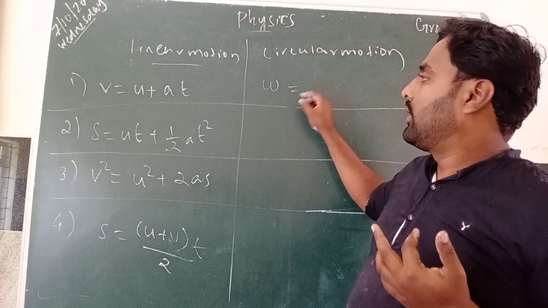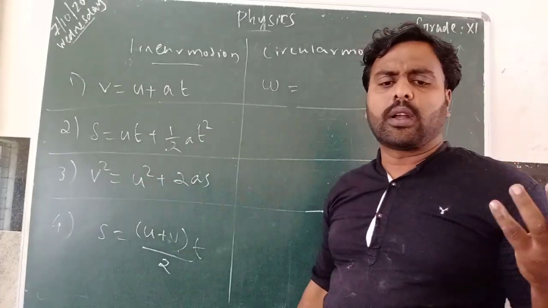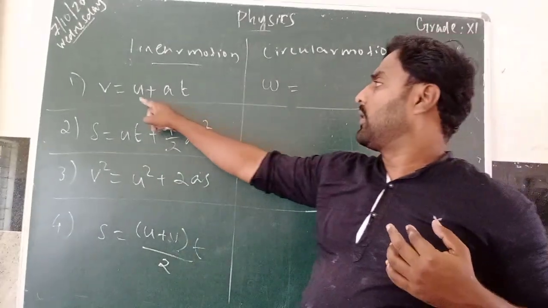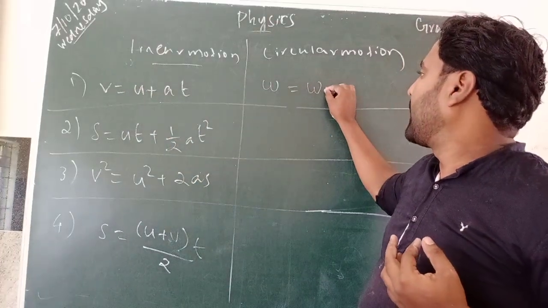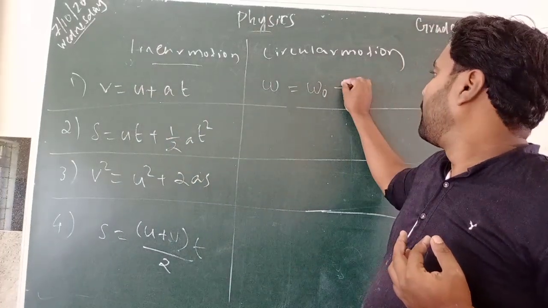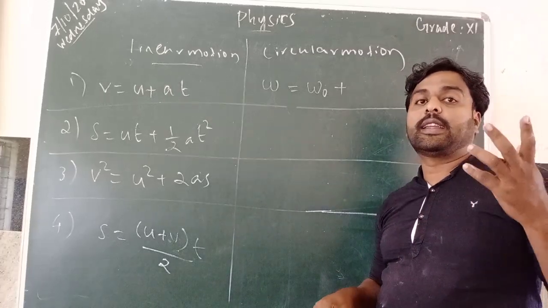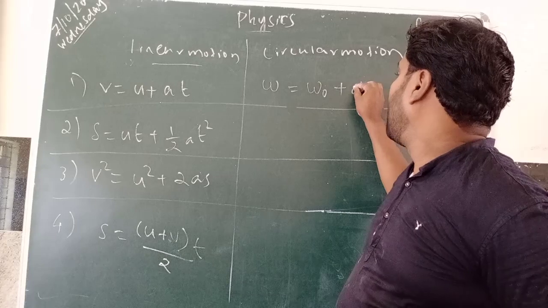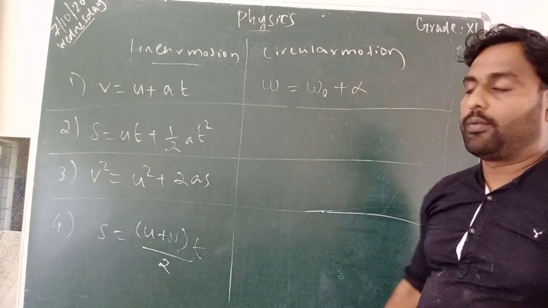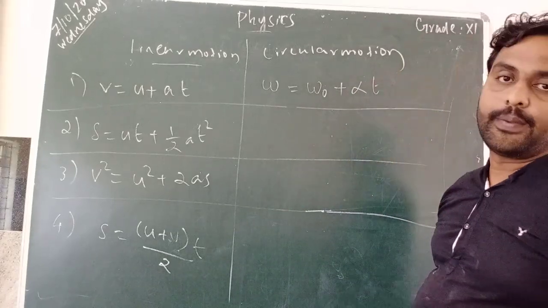And U is also velocity, the initial velocity, and V is the final velocity. So you can use omega equal to omega 0 plus, here linear acceleration, here angular acceleration alpha, then T.